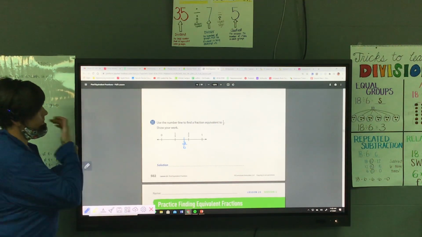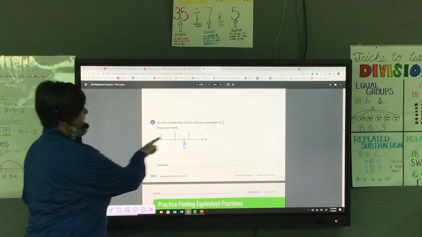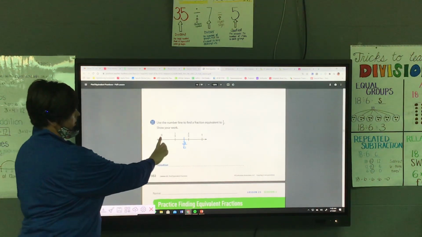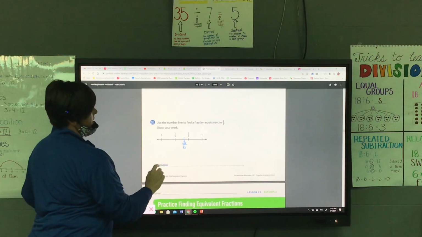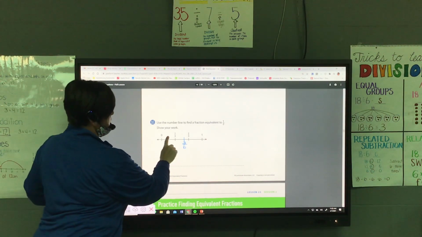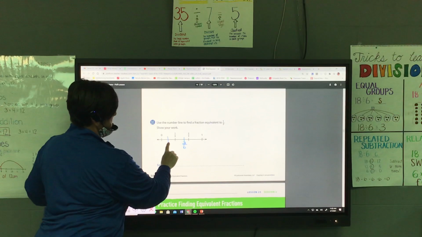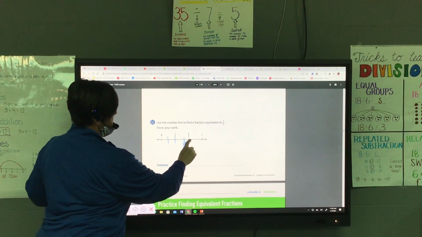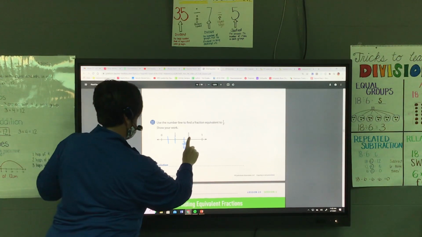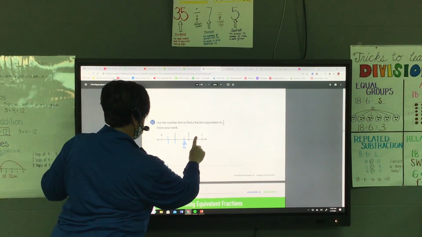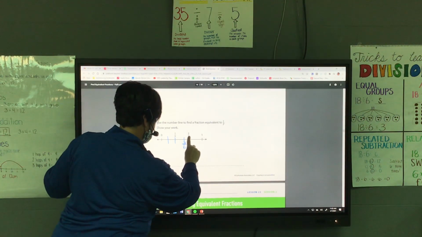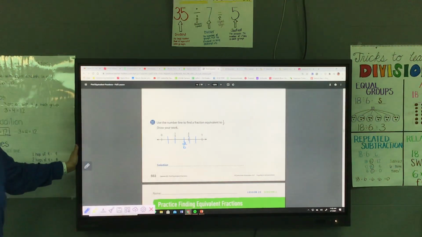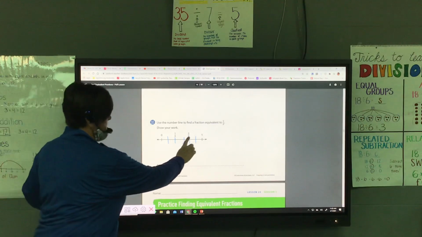All right. So I have to have 6 equal spaces from here to here, right? So 1, 2, 3, 4, 5, 6. Oops, I should have lined that up there.